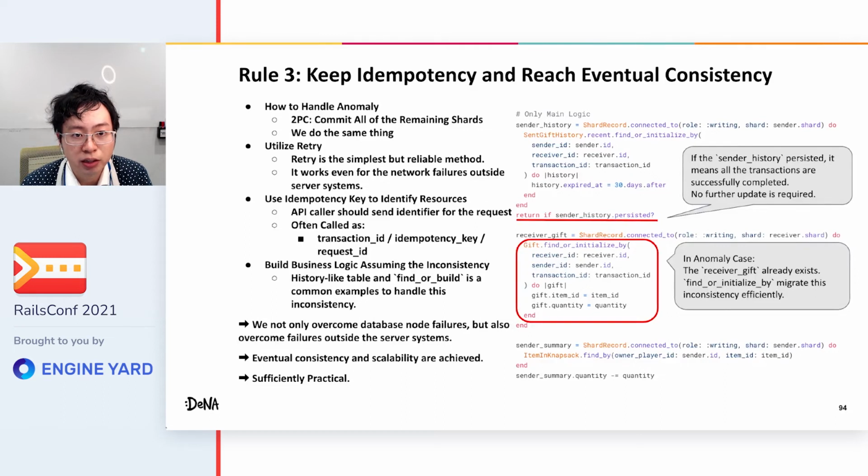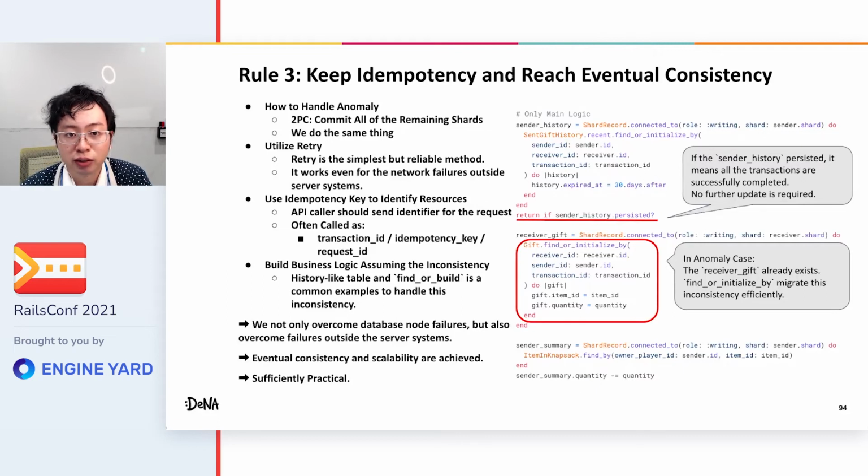The identifier is often called transaction ID, idempotency key, or request ID. We build the business logic assuming the inconsistency. A history-like table and find_or_initialize_by is a convenient way to handle this inconsistency.